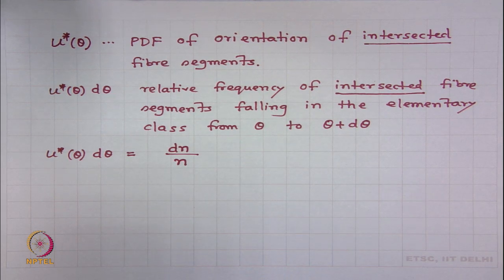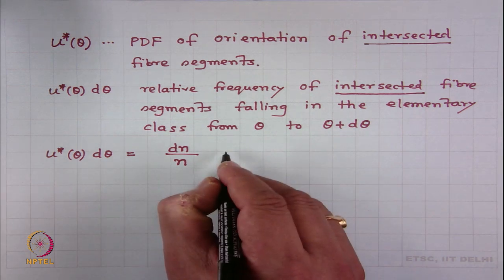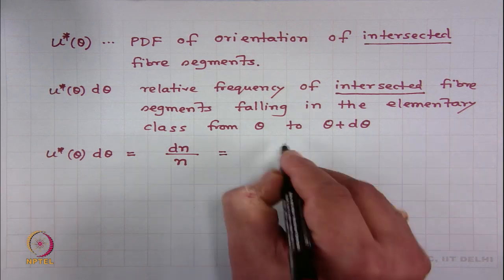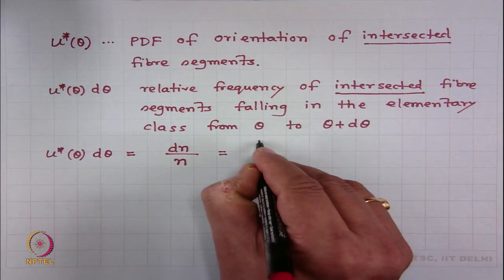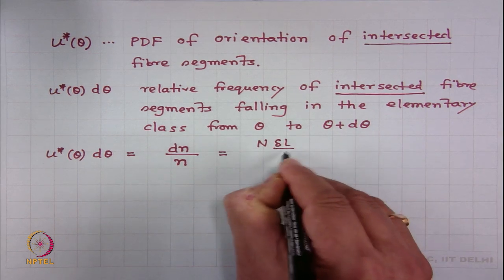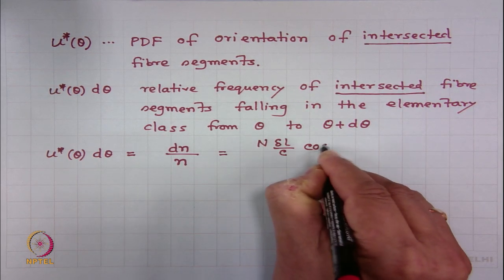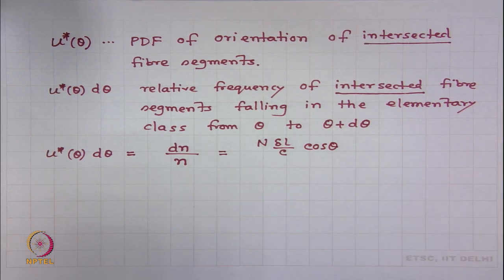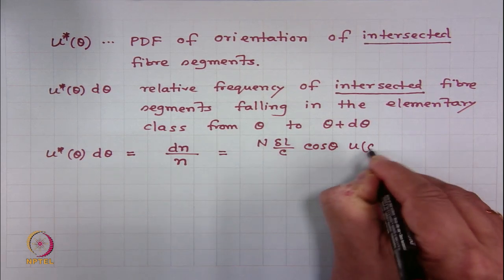What is dn? dn we have derived earlier, that is n del L by C cos theta u theta d theta.